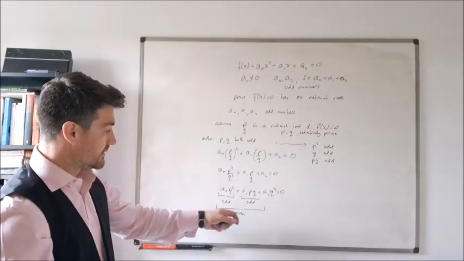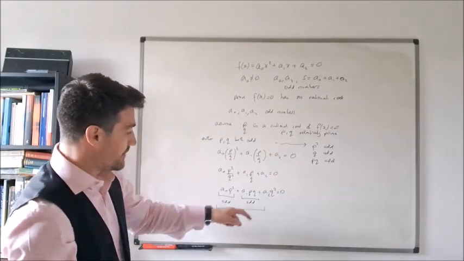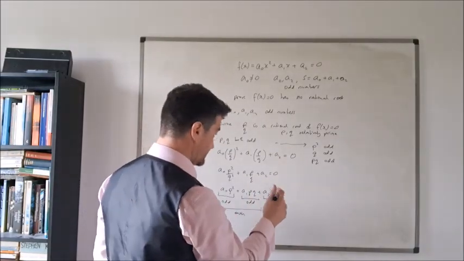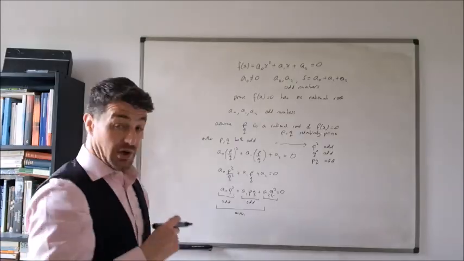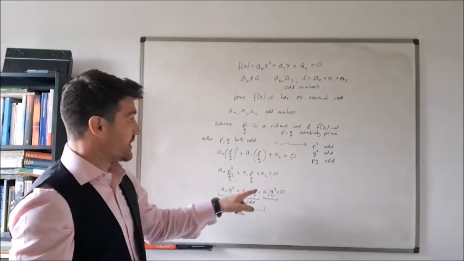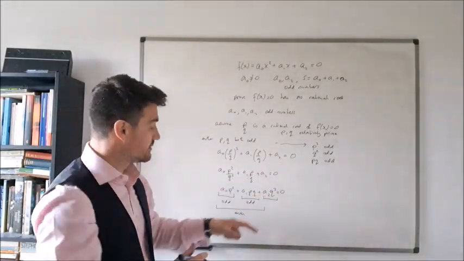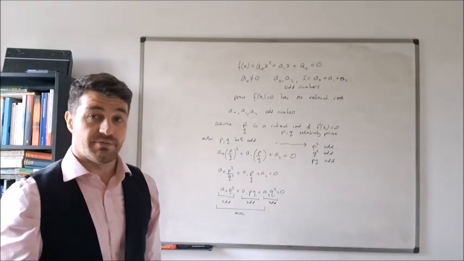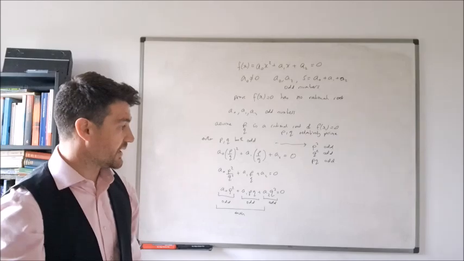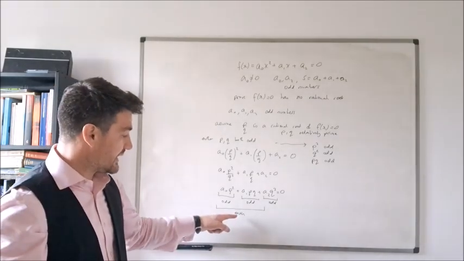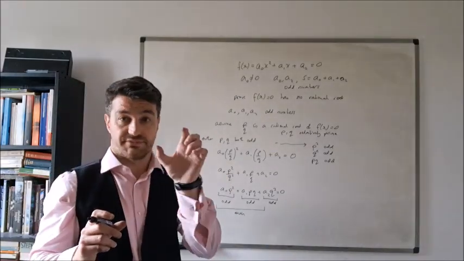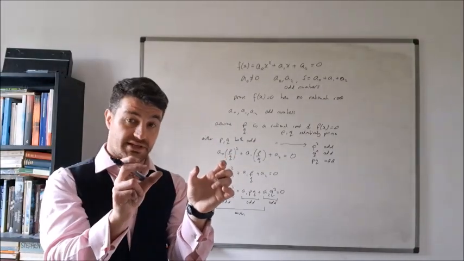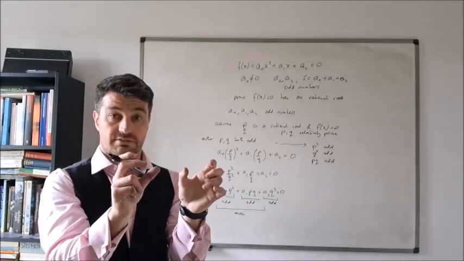But we also know that A2 Q squared is odd, because A2 is odd and Q squared is odd. An even number plus an odd number can never be equal to 0. If I've got an even number, say it's 6, the only way that I can get to 0 is by adding an even number, minus 6.